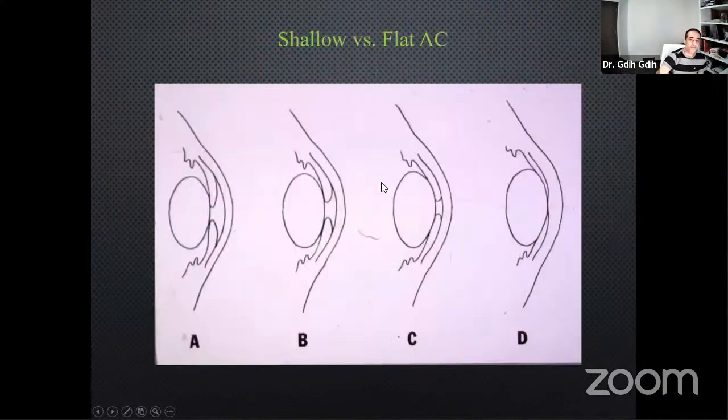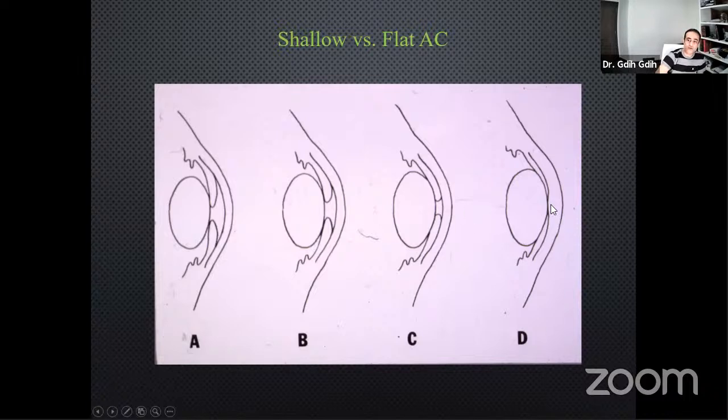Here is just a diagram of the different stages of shallowing of the AC. Stage number 1 is when you have only peripheral iridocorneal touch, and then stage 2 where you have peripheral and mid-peripheral iridocorneal touch, and then stage 3 where you have complete iridocorneal touch, except the AC is formed centrally, but there is no lenticular corneal touch.